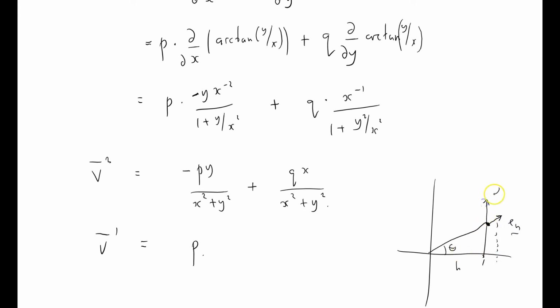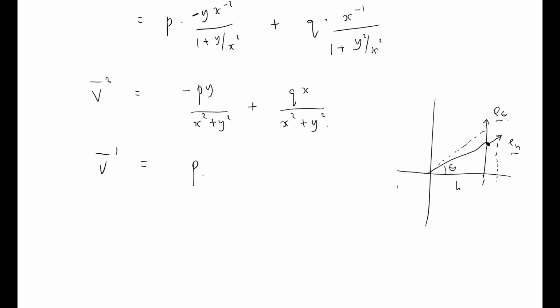And your e theta is in the vertical direction, because you're changing theta from theta to theta plus delta theta, but you're not allowed to change h. And so the e theta and eh are not at right angles to one another, and they're non-constant vectors.